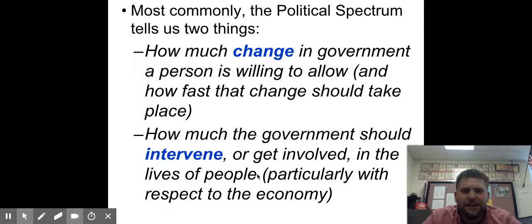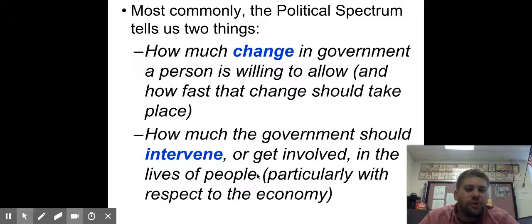So most commonly, the political spectrum tells us two main things: how much change in government a person is willing to allow, right, and how fast they want that change to happen, and how much the government should actually intervene or be involved in the lives of people, particularly when that comes to the economy, right?